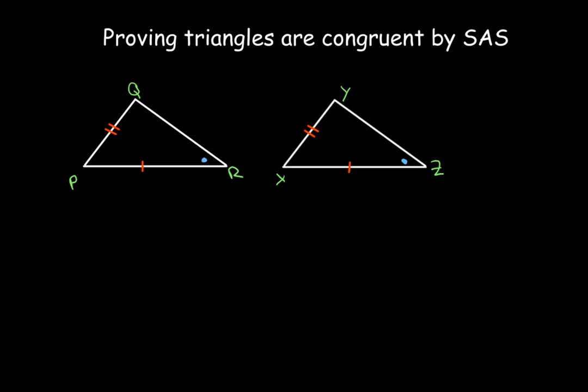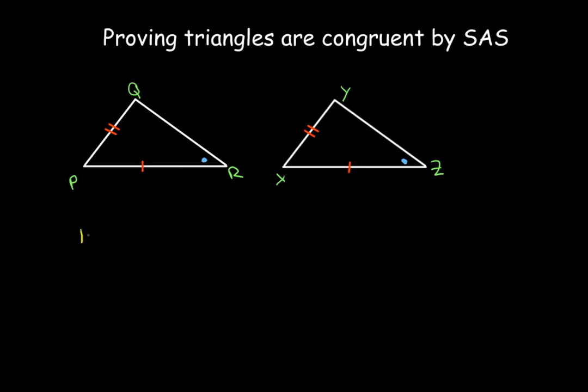In the second example, we're going to prove that it's congruent by SAS. So we know from looking at the question that the length of PR is the same as XZ, the length of QP is the same as YX, and the angles are given as well. Again, they won't always be given like this, but we just need to be able to write down the geometrical statement and the reason.